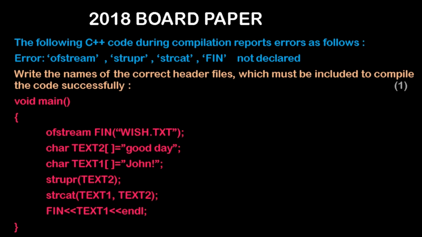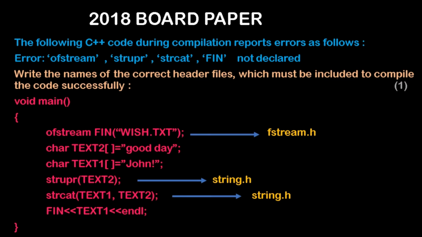We'll see the header file needed for this. So for the ofstream fin, fstream.h is needed, and for strupr, string.h is needed, which will convert the characters to uppercase, and strcat is a concatenation function which is present in string.h, and for fin already we defined fstream.h, so that error will be removed here.